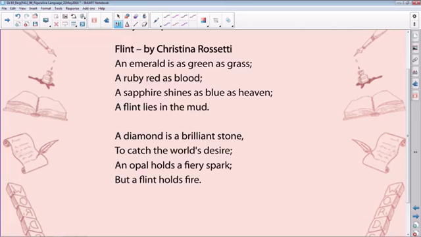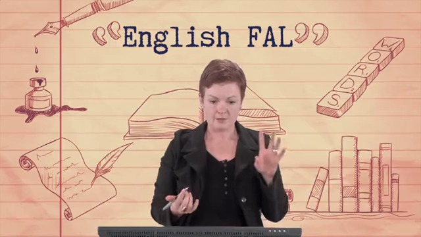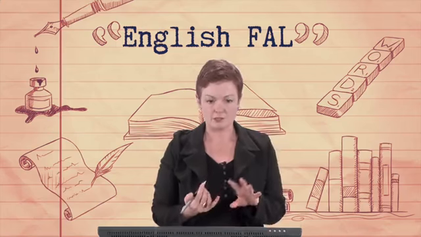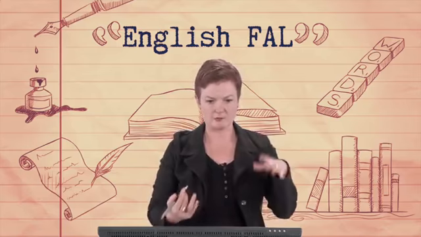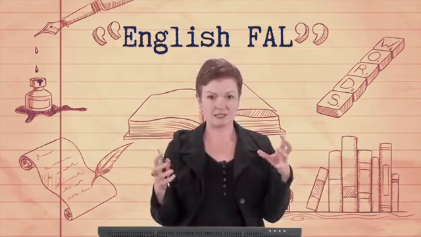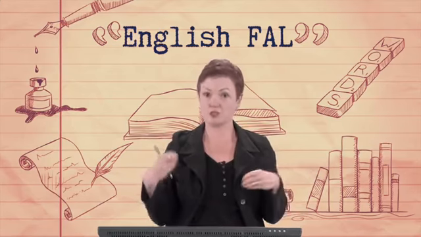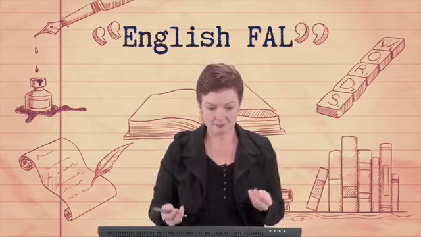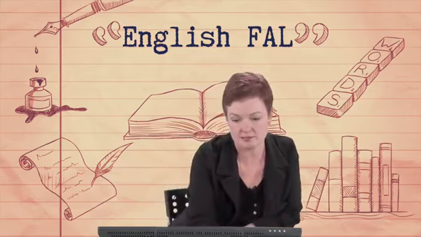So what is she saying? I'm going to ask you to look at the similes, but I just want to give you an overview of the poem. We have her describing these beautiful stones, green emerald, beautiful ruby, sapphires, diamonds, and she's saying that these are externally beautiful, and she uses similes to describe that. But then she focuses on the flint.